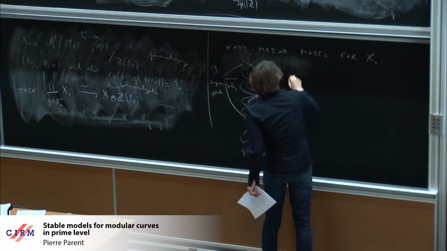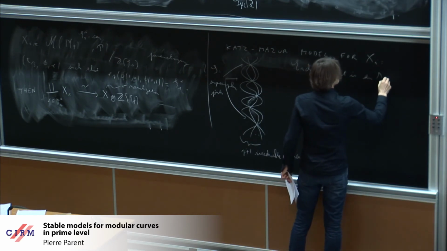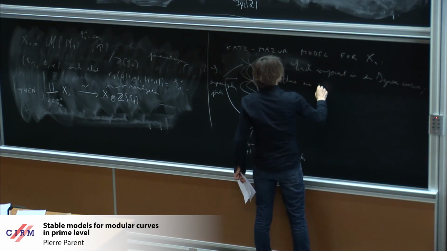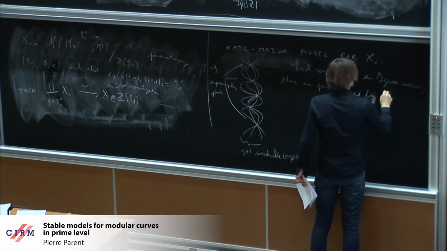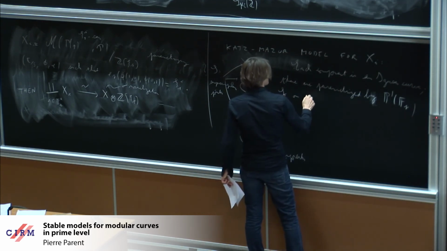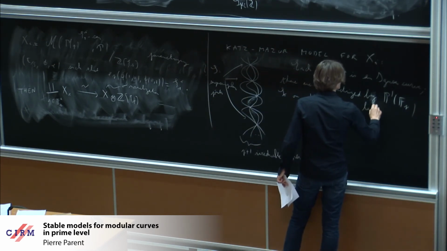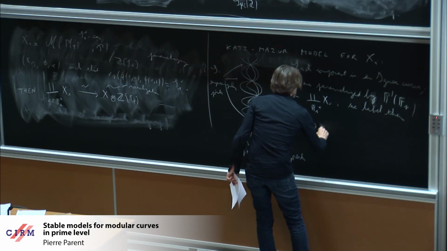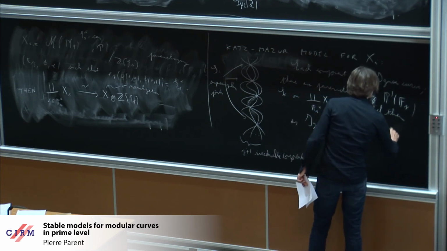Each component is an Igusa curve. They are parametrized by P1 of Fp, and so on the union of the X_i, we label them as Ig_{i,L} for (i, L) in the set Fp cross times P1 of Fp.